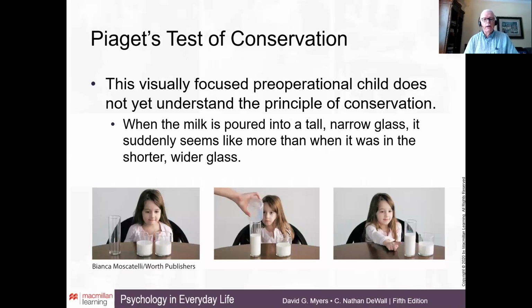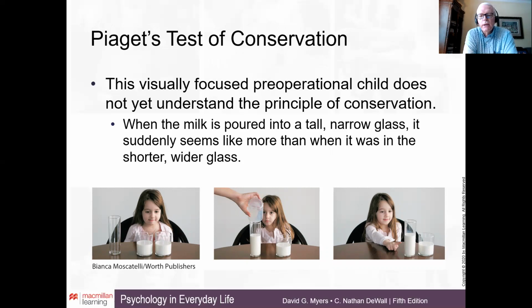Here we see an example of that. We'll go back to that last slide in just a moment, where this little girl is presented with two sort of short, fat glasses with milk in them. And then one of these glasses is poured into a tall, skinny glass.